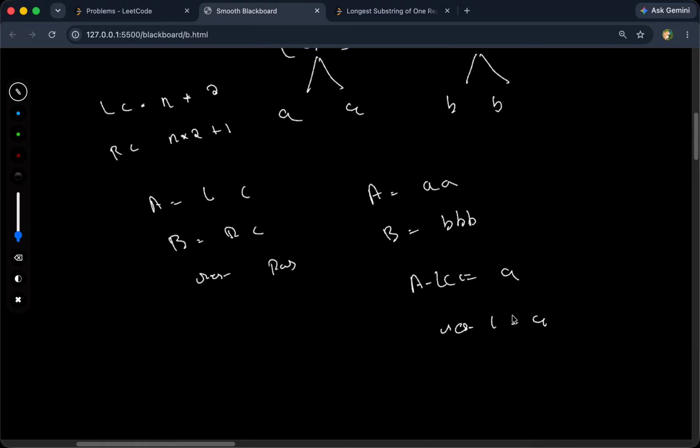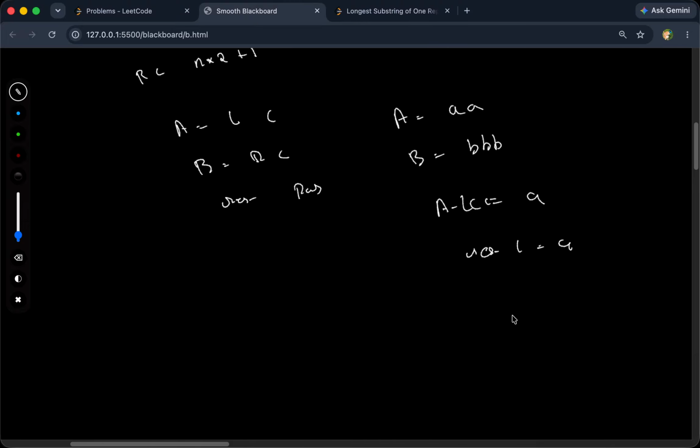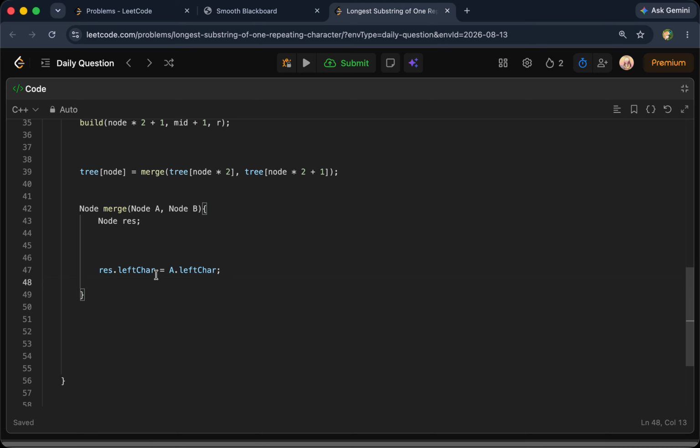Now the last character is the same. If b dot right character is b, then res dot right character is equal to b. Similarly, the last character of the parent comes from the right child, so let's write res dot right char.